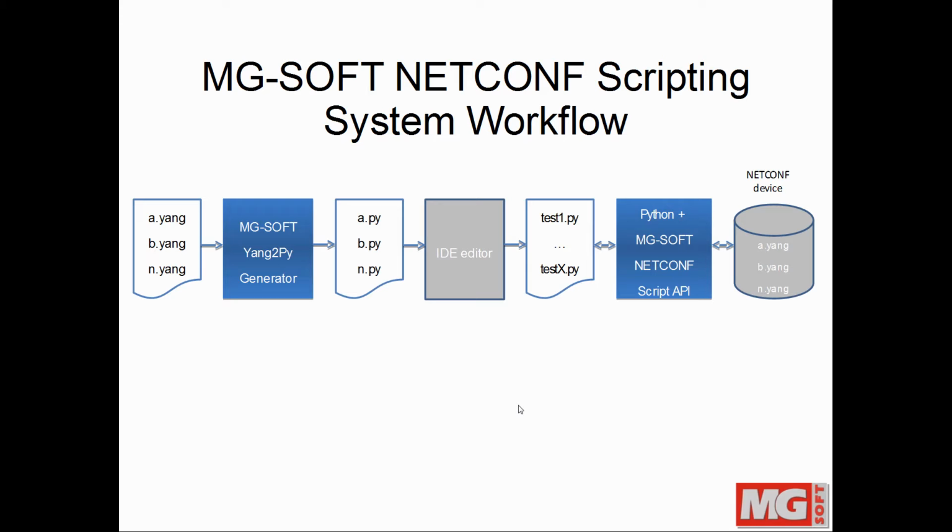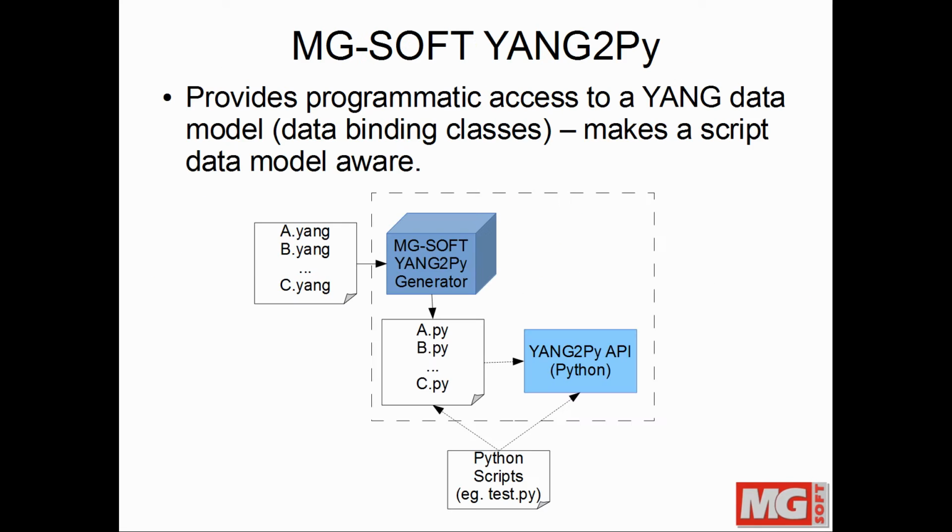So let's take a quick look at YANG2PY. YANG2PY provides programmatic access to a Yang data model by generating data binding classes for it. It's somewhat similar to what JAXB does for XML schema in Java. It makes Python code data model aware. YANG2PY consists of two parts, the YANG2PY Generator and the YANG2PY API.